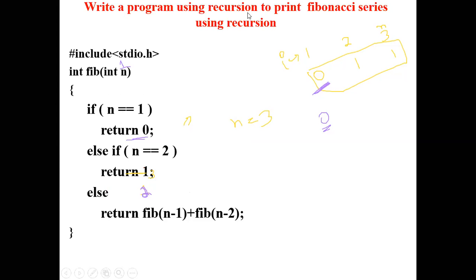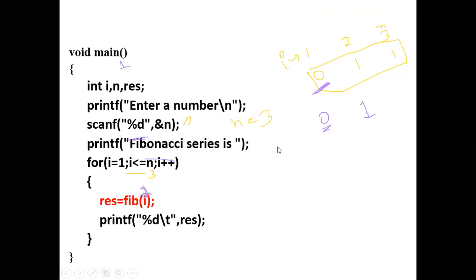When the n value is equal to 2, we are going to return 1. So we'll go to the function call again. Here the result is returning 1, so 1 will get printed here.